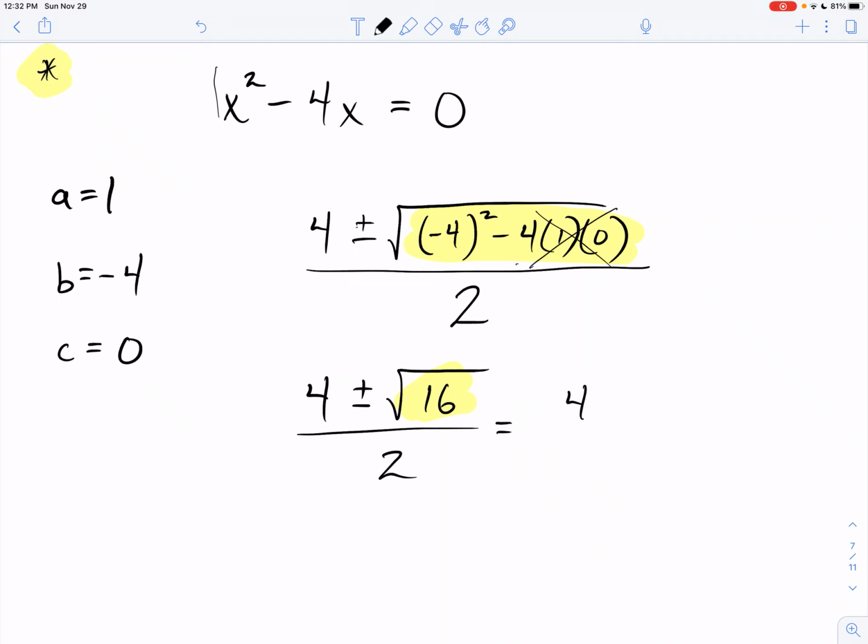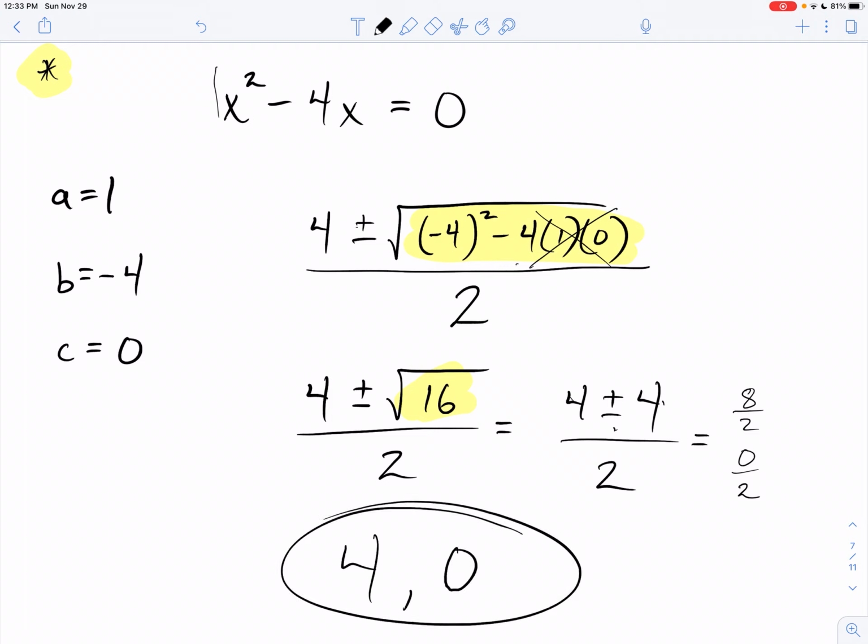So I can write this 4 plus or minus 4 over 2. 4 plus 4 is 8 over 2. Wait, that's just 4. 4 minus 4 is 0 over 2. Oh, that's just 0. See, I can get my answers from the quadratic formula.